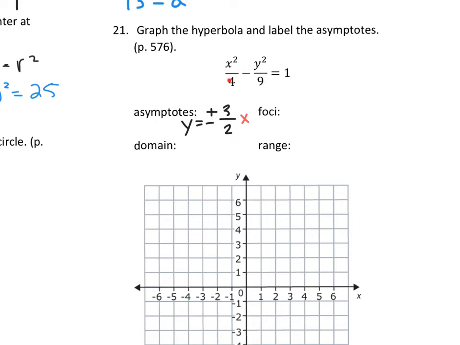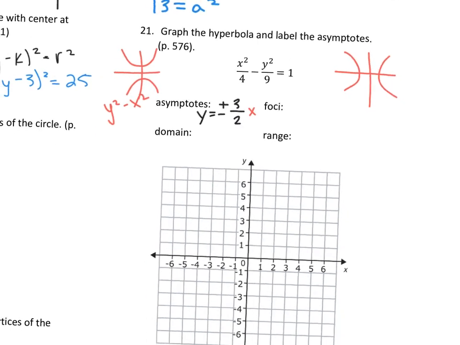It's always going to be y over x, no matter if the transverse axis is horizontal, which is the case here, or vertical. I can tell in this case the transverse axis is horizontal because it goes x squared minus y squared. If it was y squared minus x squared, it would be vertical.